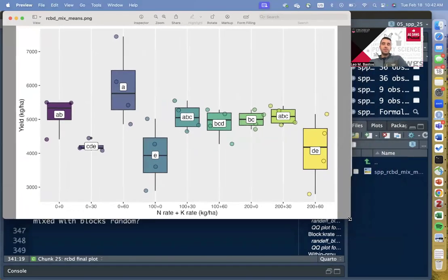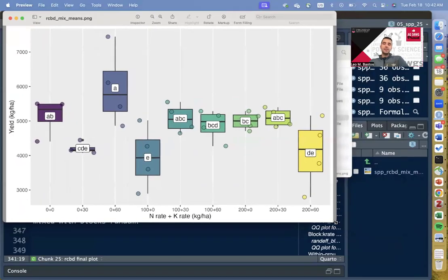And if you remember, the reason for that is because on a balanced randomized complete block design, even though the mean errors are different, when you do pairwise comparisons, which is where the letters come from, even though we're showing a letter with a mean, the random block extra error source cancels out and does not interfere in the error of the comparison.